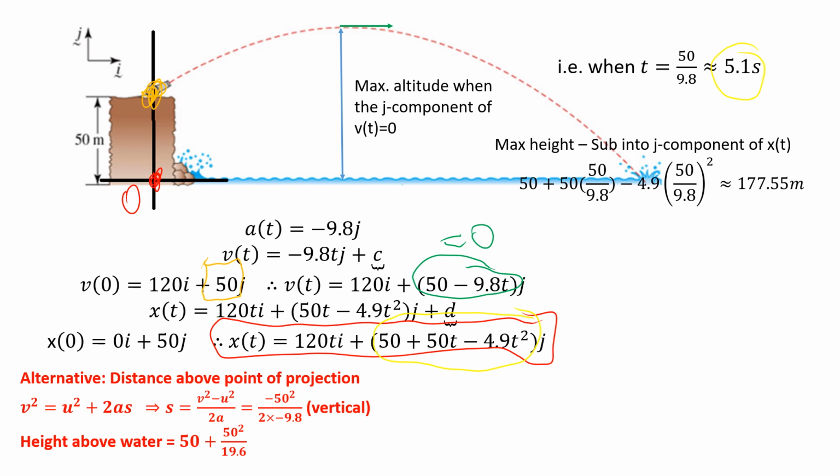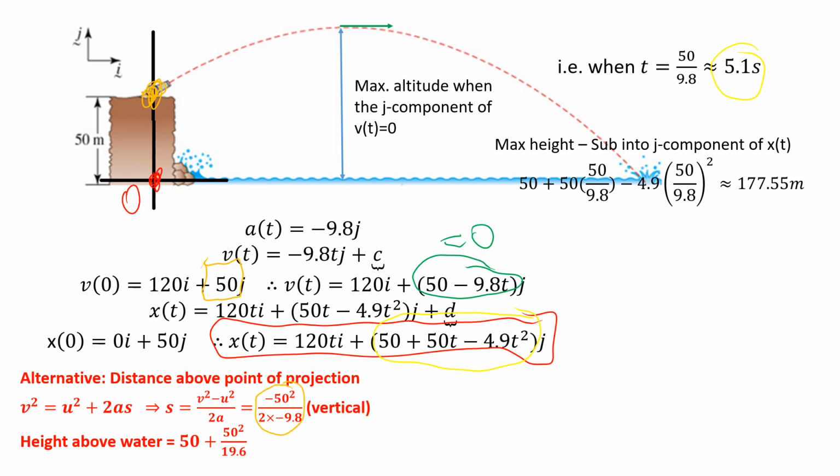So when you're using formulas for constant acceleration, SUVAT, it always begins with the understanding that it's at the point of projection in this particular case. So we can set v to 0, we can set u to 50, the vertical component of our initial velocity, a to minus 9.8, and we can work out the distance it's traveled.